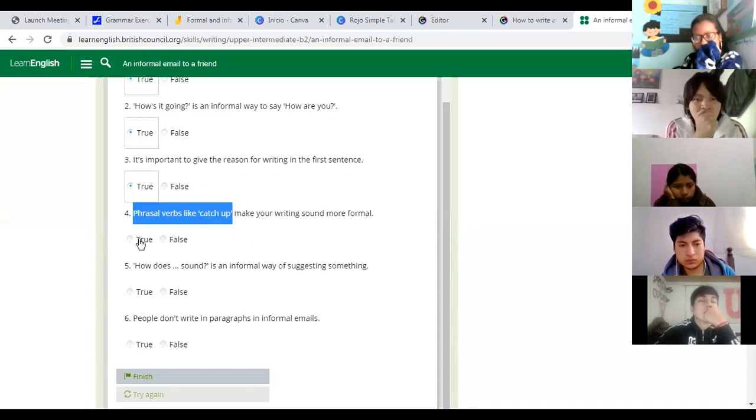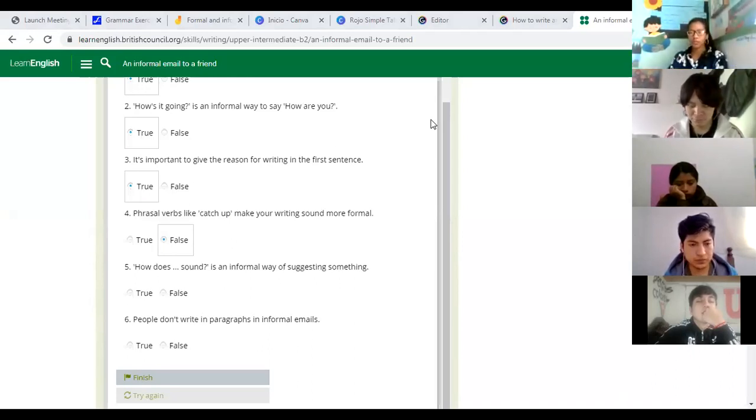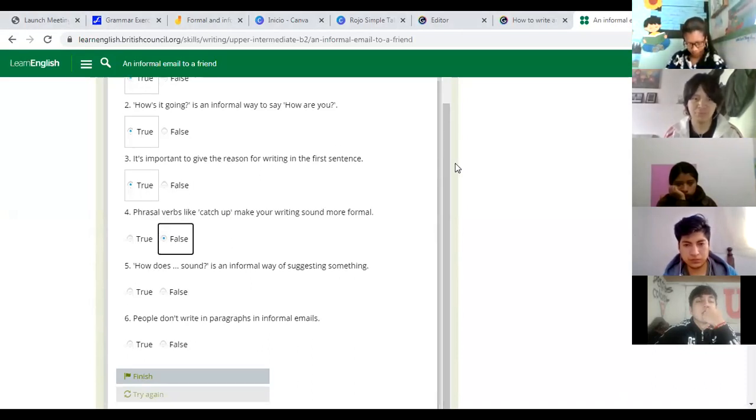True or false? False, teacher. Okay, yeah, I see. Remember that phrasal verbs are not formal. Phrasal verbs es para un amiguito, para un informal. Siempre que escribamos formal, todo completo, nada de phrasal verbs, todo muy educado.